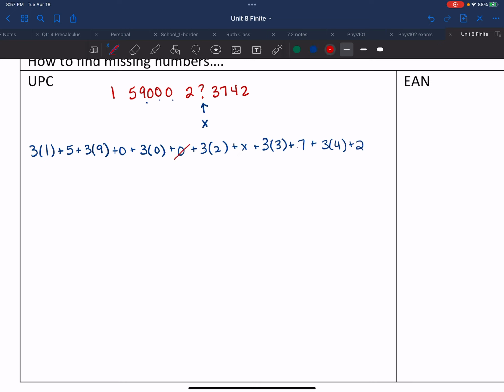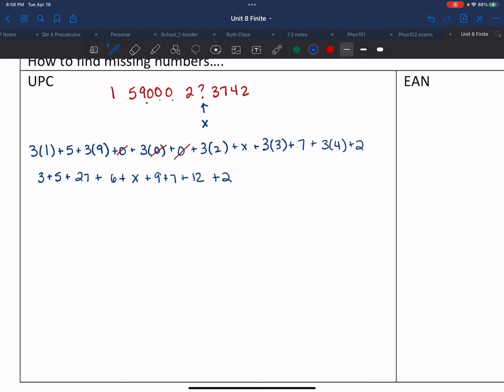Again, I typically get rid of all my zeros, and you can do this on the calculator on the fly. You don't have to write all this out, but I like to write it out just in case I have a problem. So I have 3 plus 5 plus 27 plus 6 plus x plus 9 plus 7 plus 12 plus 2.